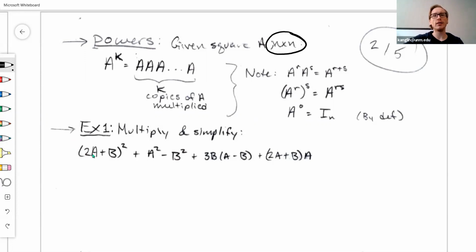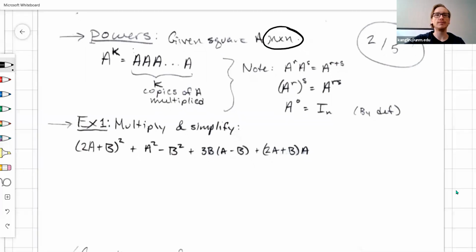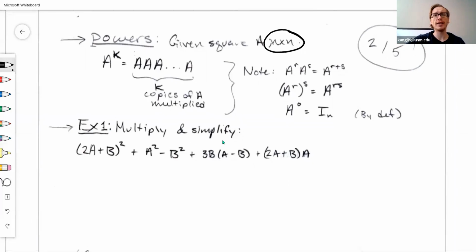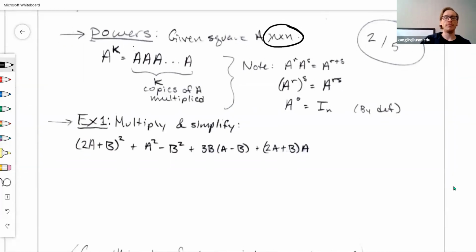So example 1 here, let's take a look at using some of these operations on matrices. Let's multiply and simplify the result. I've got matrices A and B written out in a big long expression here. When I see 2A plus B squared, that's really telling me I have 2 copies of 2A plus B multiplied with each other.